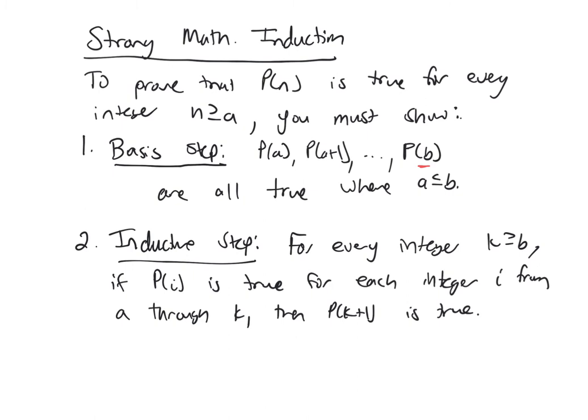So you're getting more assumption in this inductive step than with regular induction. You're getting many more assumptions to use, which is why we call it strong induction, because it's so much stronger.